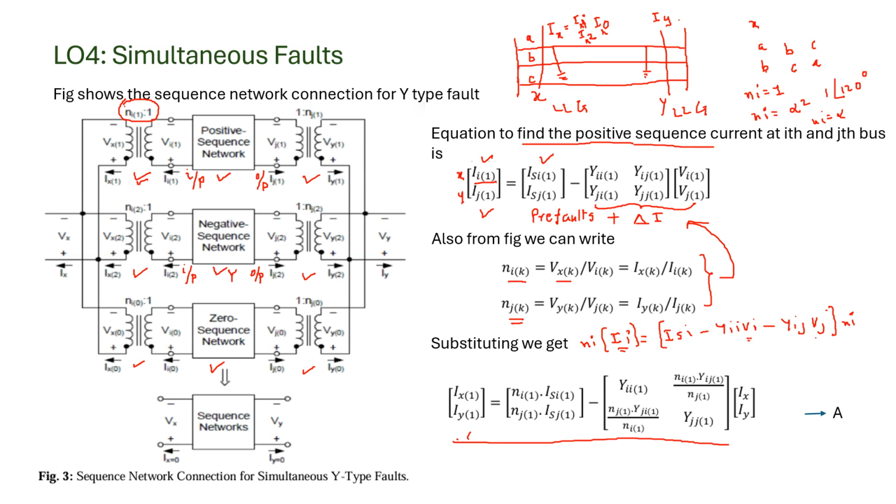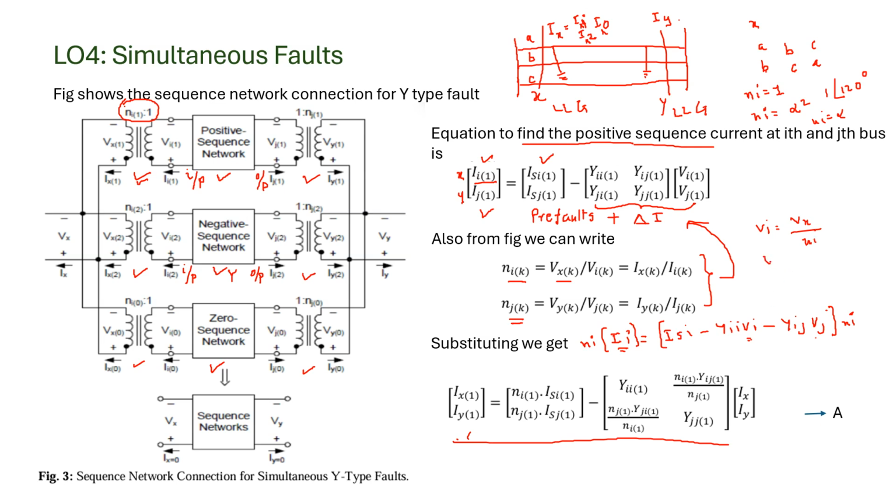What is Vi? In terms of Vx, you can say it is Vx divided by Ni.